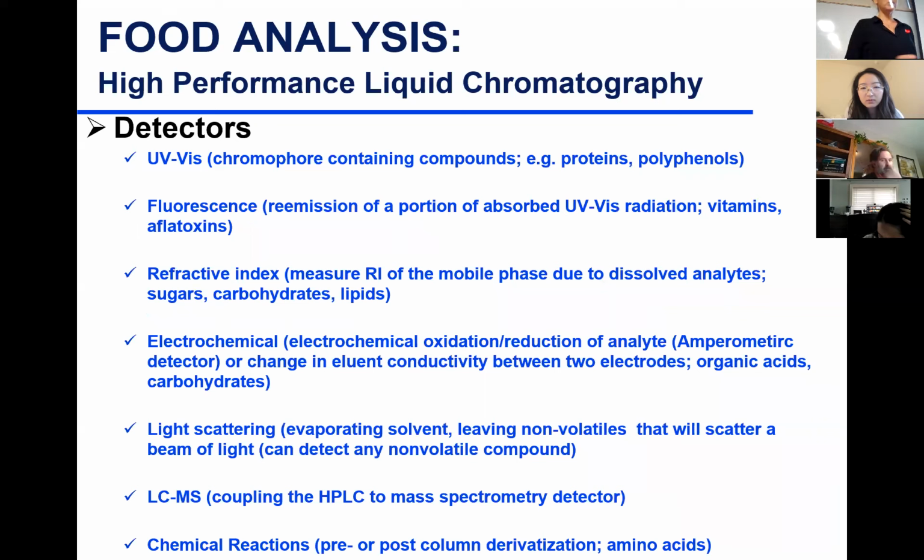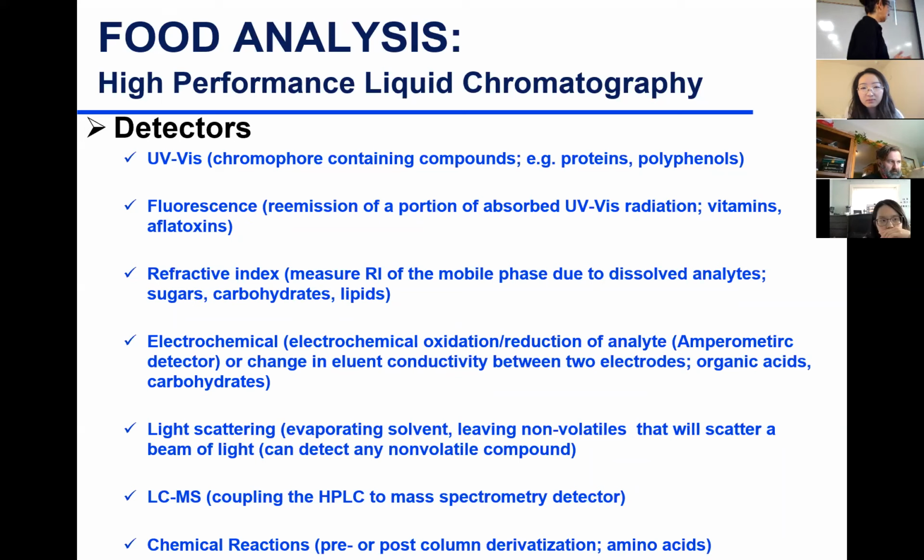Okay, now we talked about the different components in terms of pumps, injection port, oven, your column, your guard column, all of that. One of the most important things of HPLC is detection, right? So we need a way to detect our constituents and quantitate them.